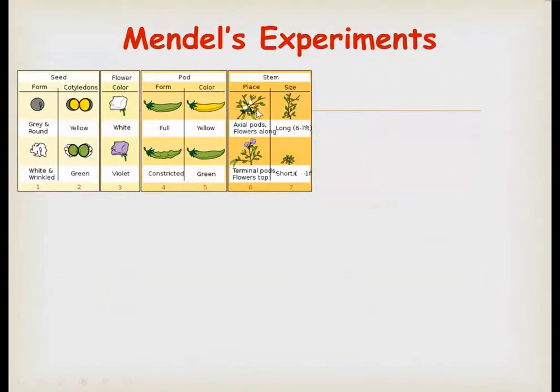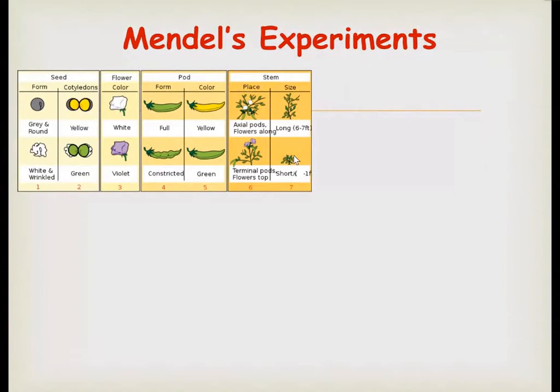Now in the case of the stem, the position of the flower: axial one and terminal one. Now next one, the length of the stem: the long one and the short one. These are the 7 different contrasting characters of the pea plant, and he observed the inheritance pattern of all those, and at last he found out 3 different laws.